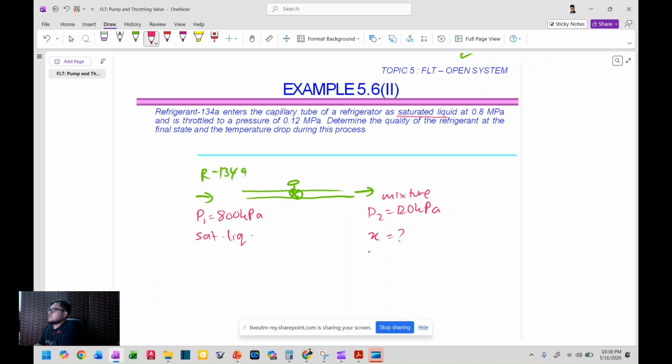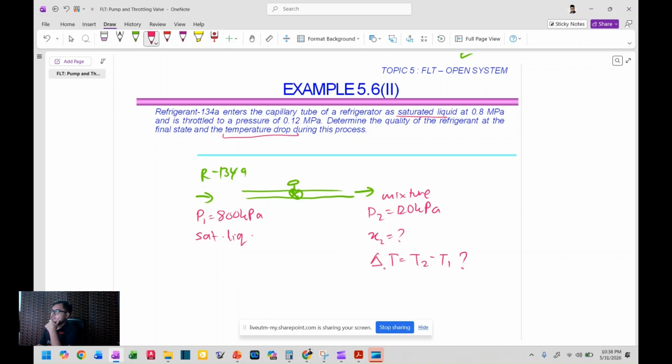So what is X at state 2, and also what is the temperature drop during this process? Temperature drop means delta T, which is T2 minus T1. So you need to find T2 and you need to find T1.